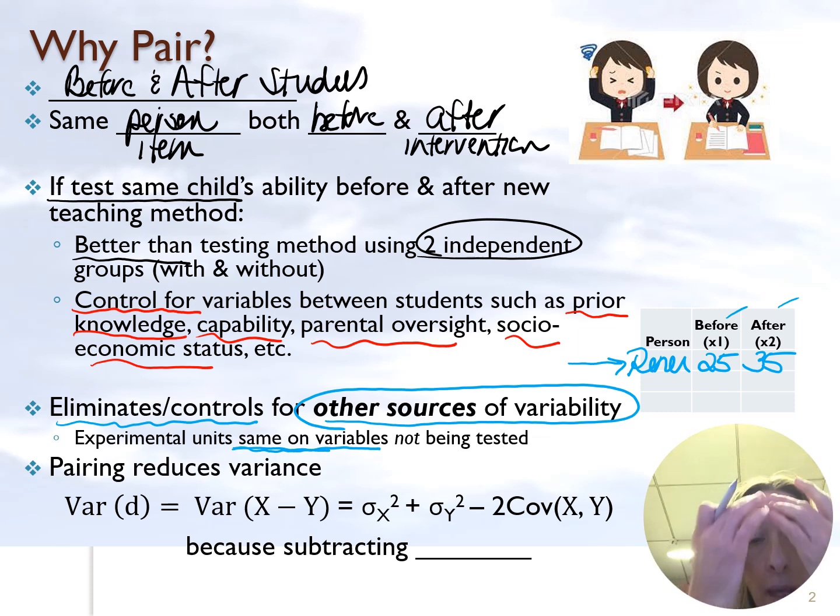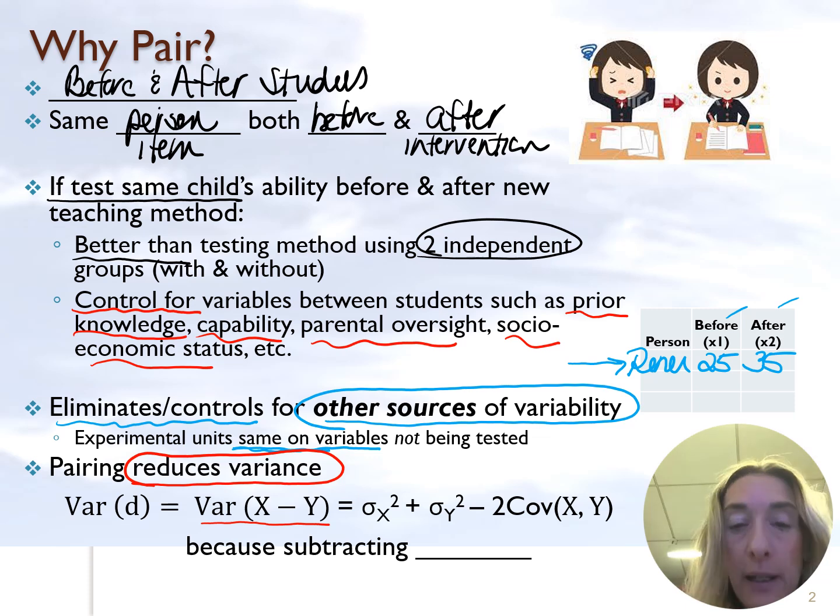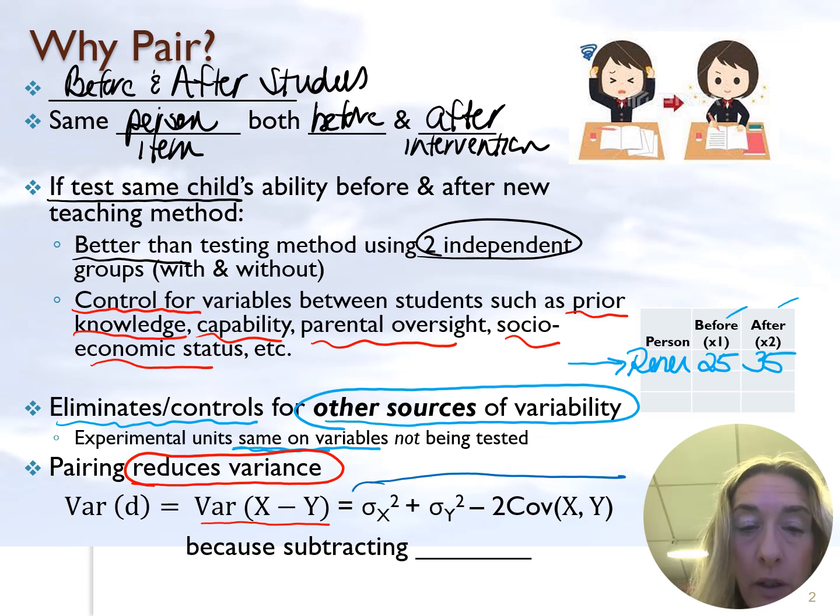So mathematically, pairing reduces the variance in the difference between your two variables. X and Y represent each of your two populations, dependent populations. This is the formula for the variance of the difference in the two populations.